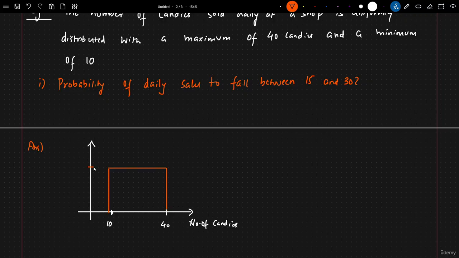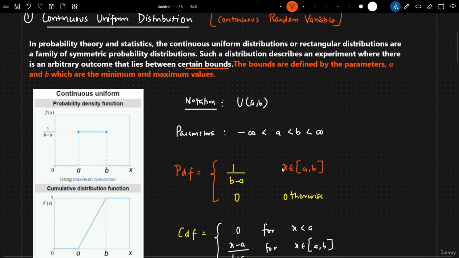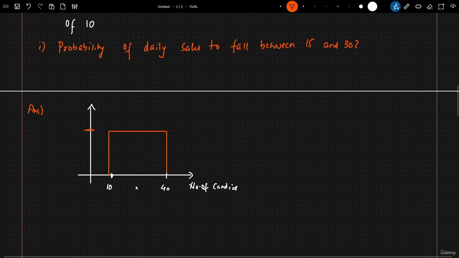The reason I'm drawing till here is that according to the PDF, if my values range between 10 to 40, then it should be 1 divided by (b minus a), which is 1 divided by (40 minus 10), nothing but 1 by 30.